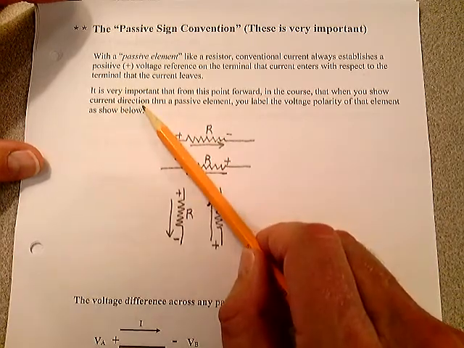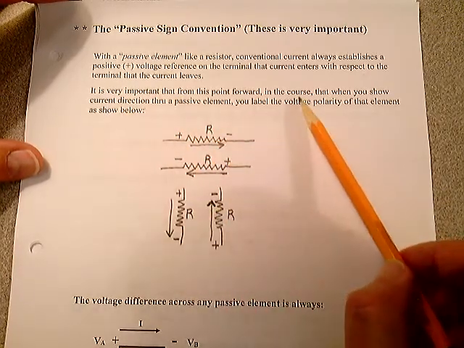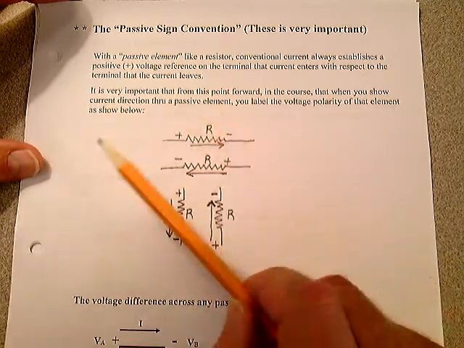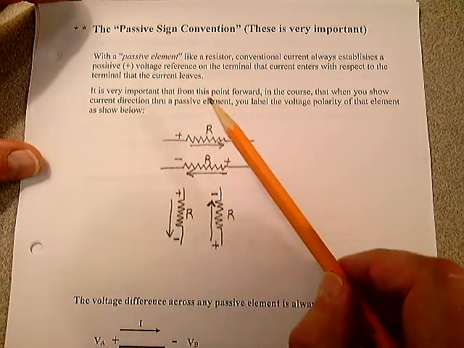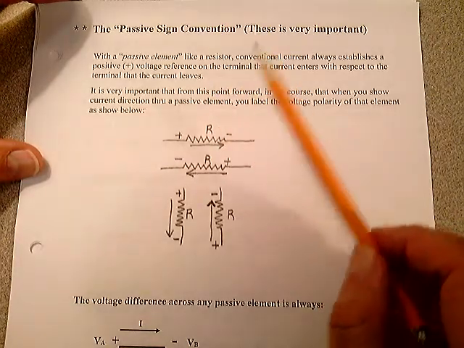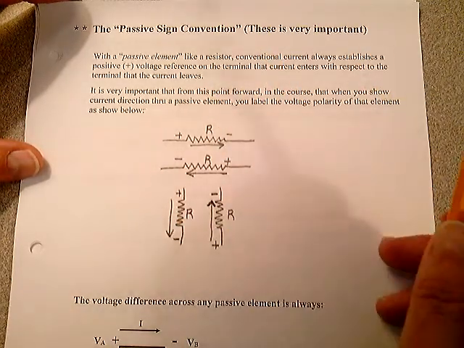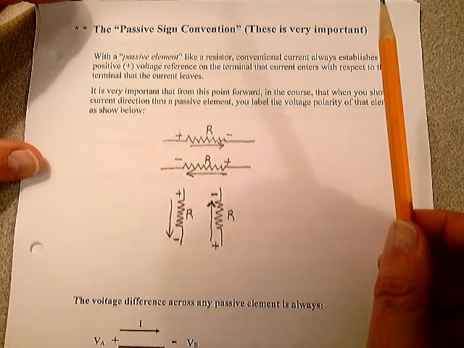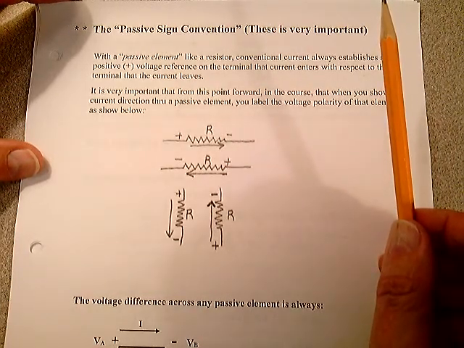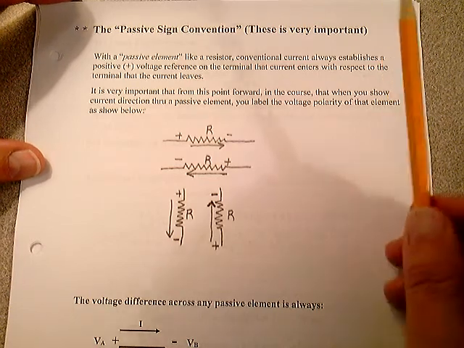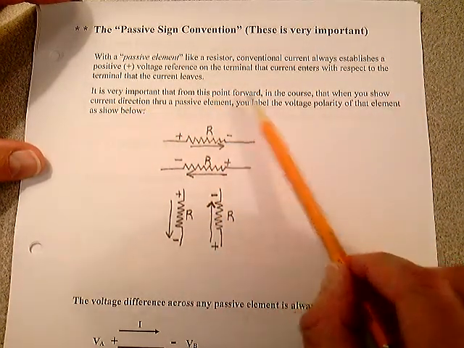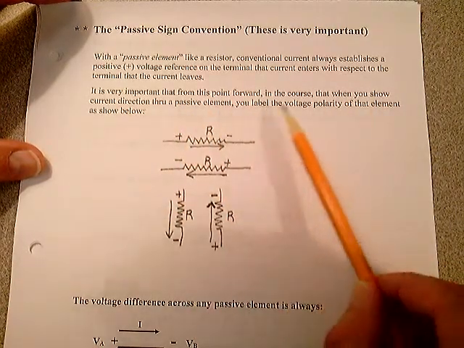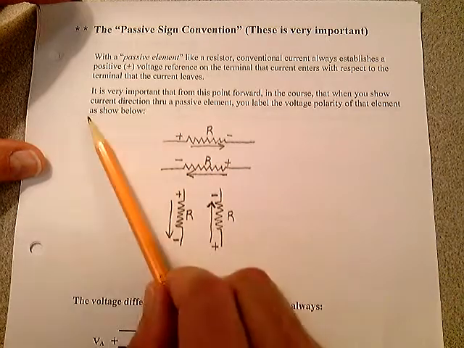It is very important that from this point forward in the course, when you show direction of current through a passive element, I don't care if it's a resistor or, after midterm, a capacitor and an inductor, because all three of those are passive elements, but up until midterm we only deal with the resistor. Capacitors and inductors are later. But it's very important that from this point forward in the course, when you show current direction through a passive element, you label the voltage polarity of that element as shown below.